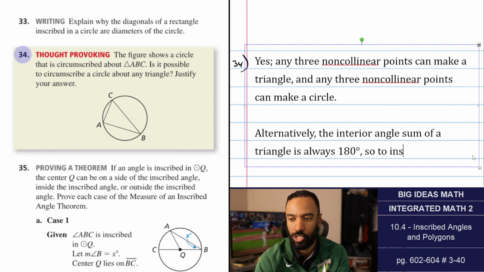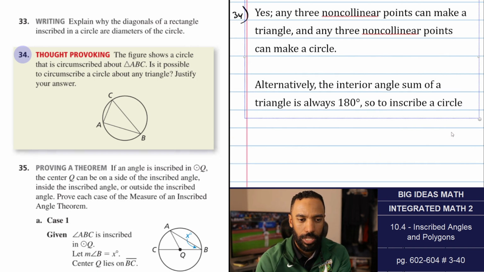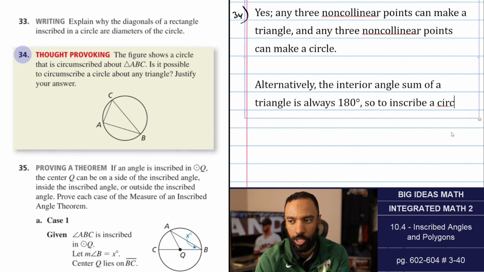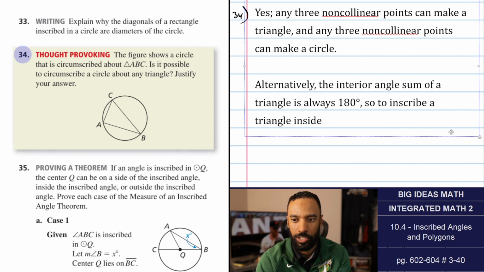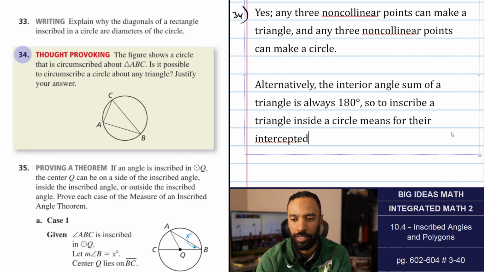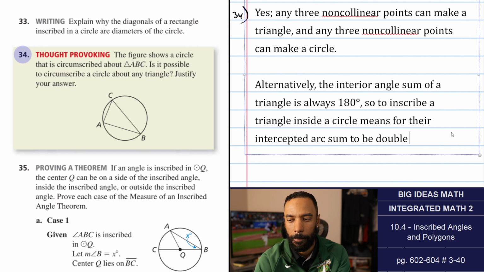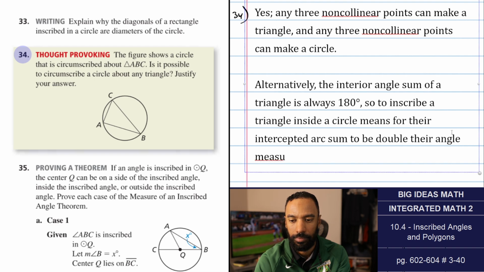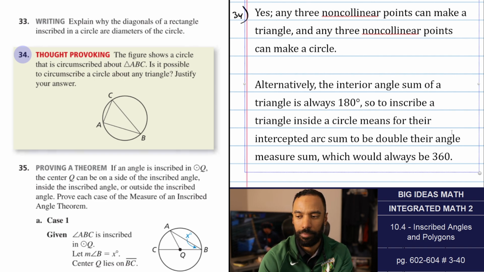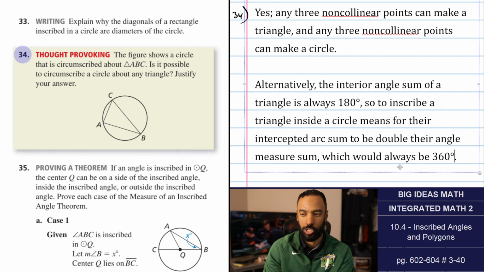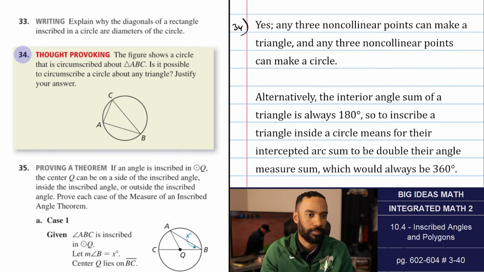So, to inscribe a triangle inside a circle means for their intercepted arc sum to be double their angle measure sum, which would always be 360. That's probably the one that they wanted, because you probably don't know the other part of that makes it true, and maybe that's why the top part is true to begin with.